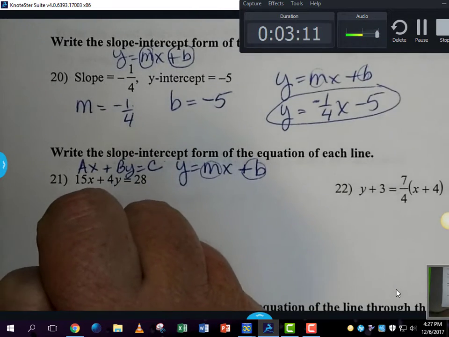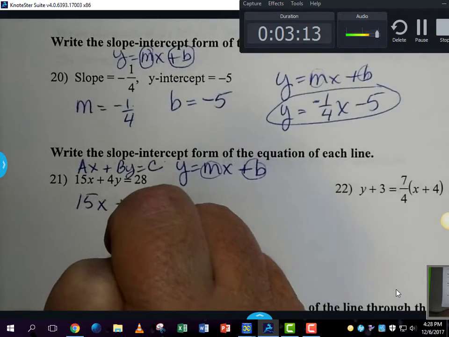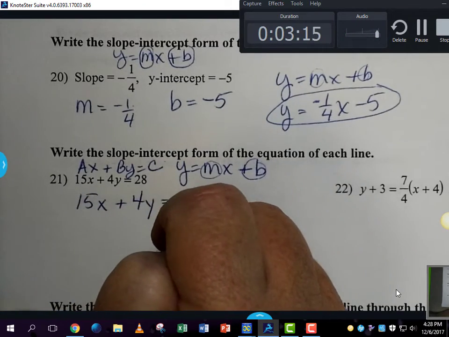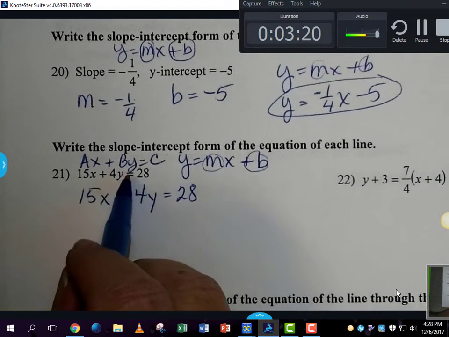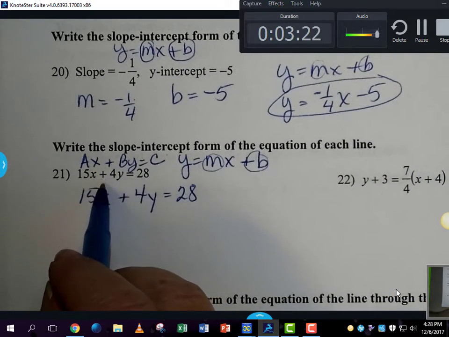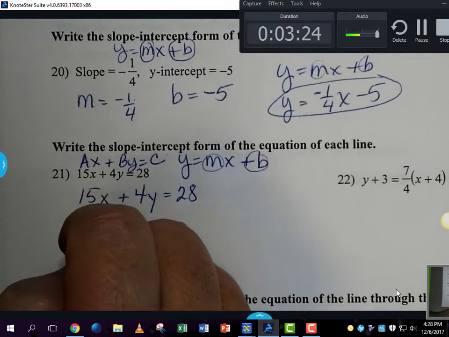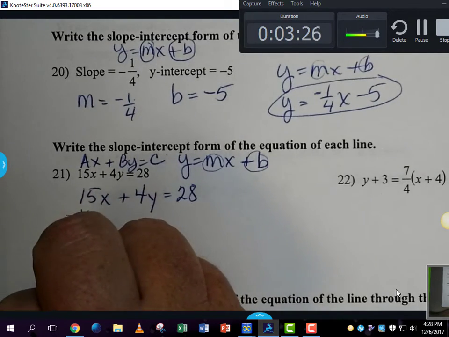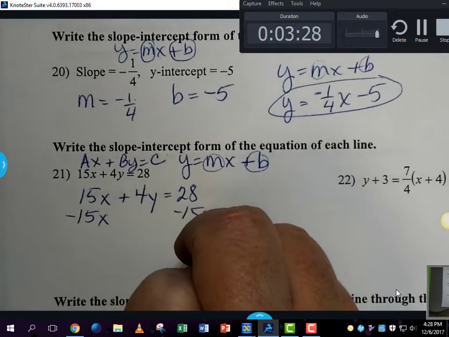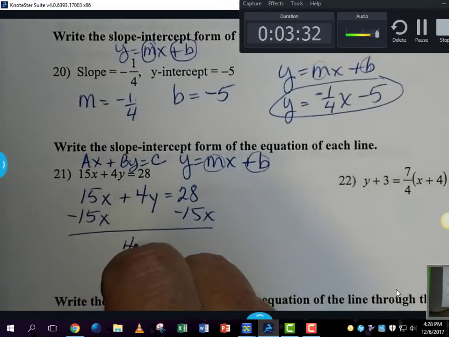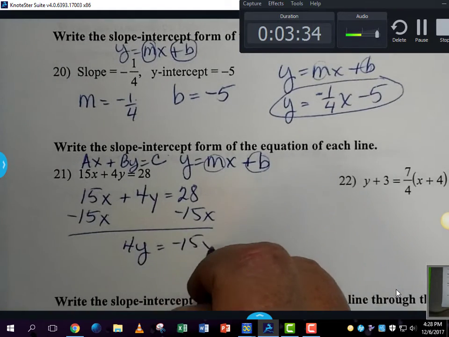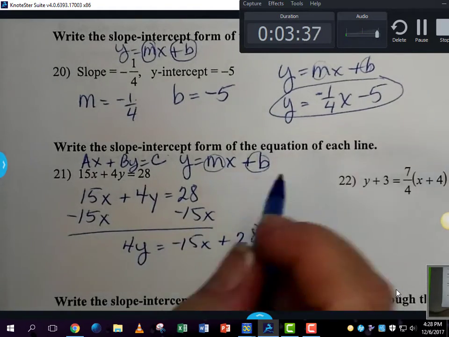So the first thing I'm going to do is eliminate the 15x because I want to isolate the term with the variable. So I want to isolate y, so I need to eliminate the 15x. These are obviously not like terms, so I'm going to get 4y equals -15x plus 28.